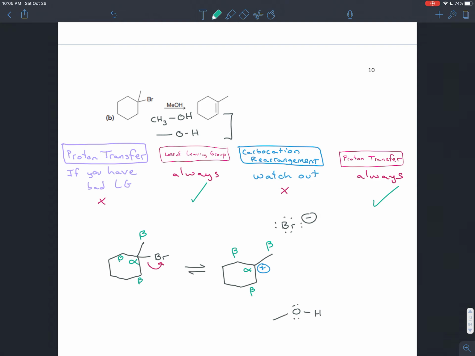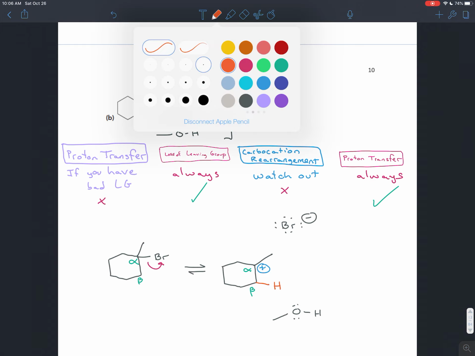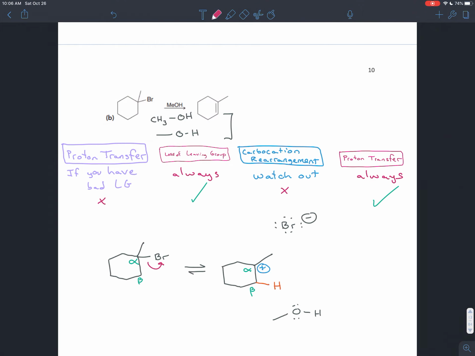Now each of those have hydrogens, and to know which one we're going to pluck a hydrogen off of, we want to look at the product. You can see the product is going down, so we're going to steal a hydrogen from the beta carbon going down. So that has 2 hydrogens on it. I'm just going to draw one for the sake of clarity, because only one is going to take part in this reaction.